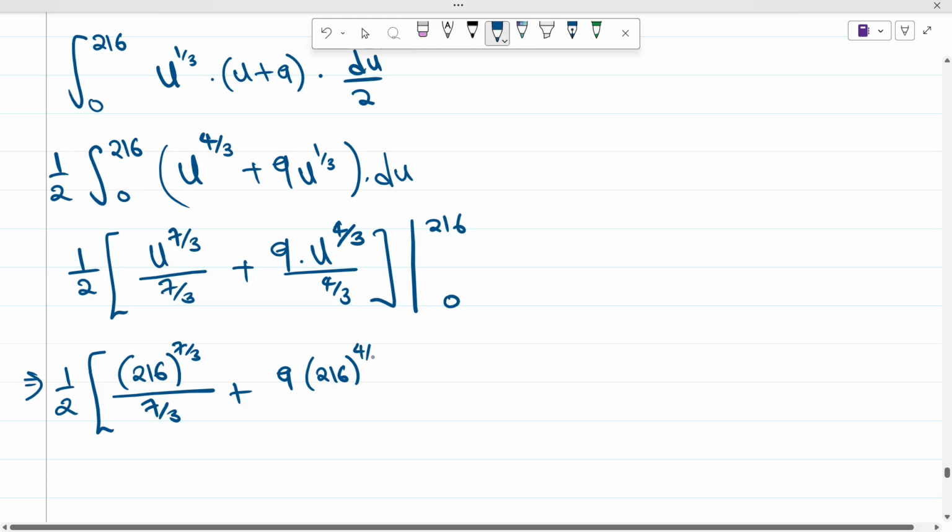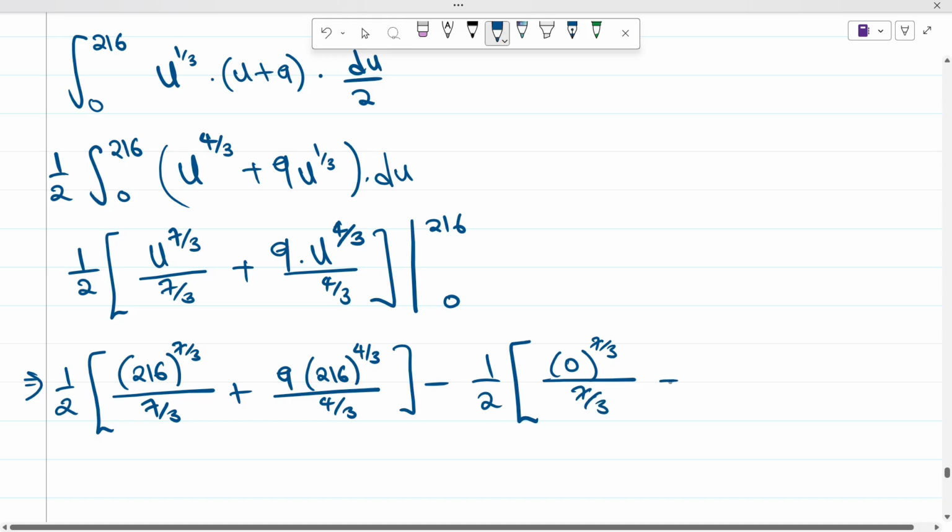So I'm just substituting the upper limit divided by 4 over 3 here, and then minus 1 over 2. You substitute 0, so that's going to be 0 to the power 7 over 3, divided by 7 over 3, plus 9 into 0, 4 over 3 over 4 over 3.